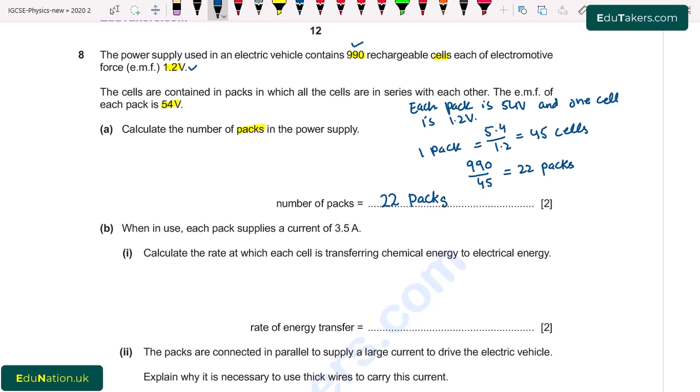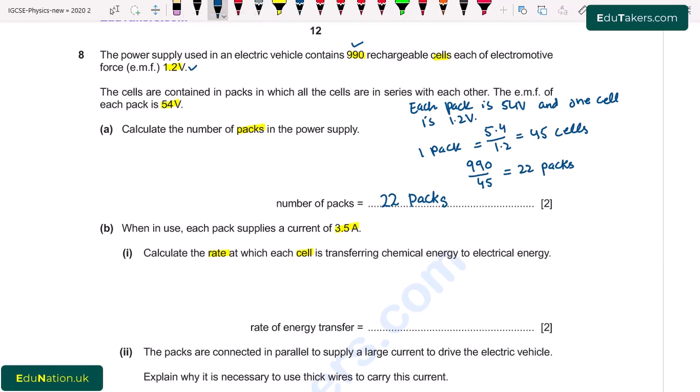Part B. When in use, each pack supplies a current of 3.5 ampere. Part 1. Calculate the rate at which each cell is transferring chemical energy to electrical energy. We have to calculate the power because power is equal to the rate of transfer of energy.